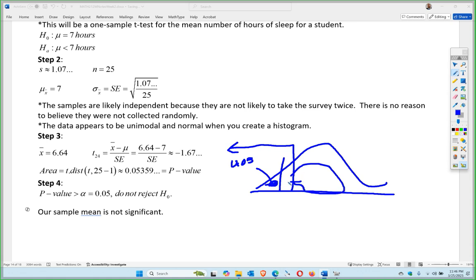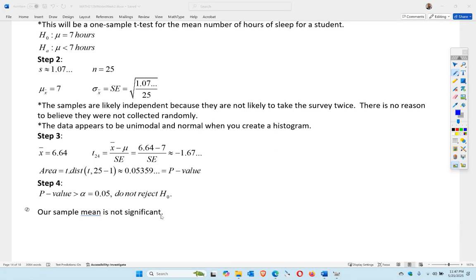It wasn't significant. So these are all common samples over here. If I actually made it to here, which means I'm less than, that'd be a significant sample. Our sample mean is not significant. There is not enough evidence to reject the null hypothesis, because if there were, it would be in that region, basically.